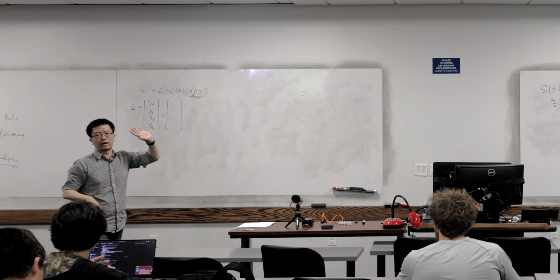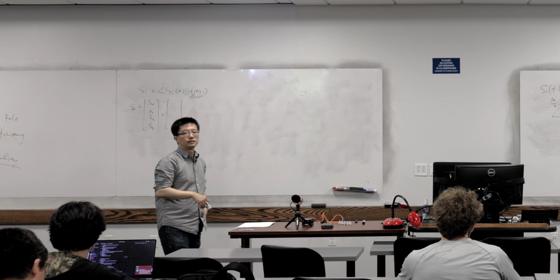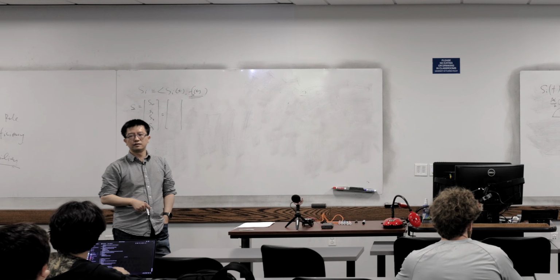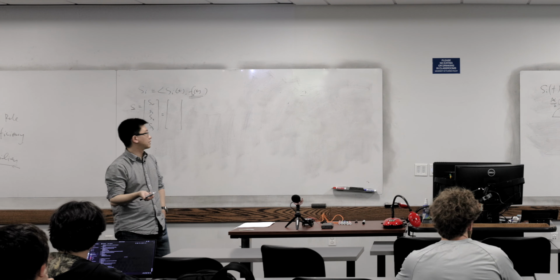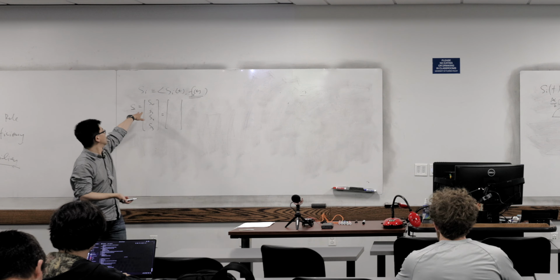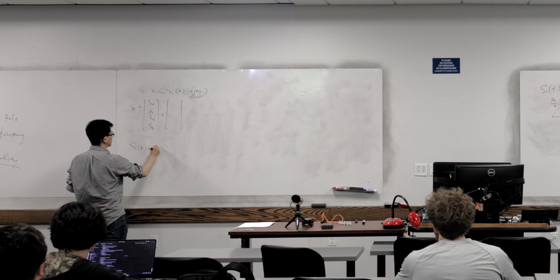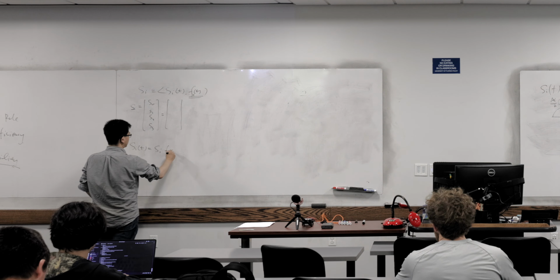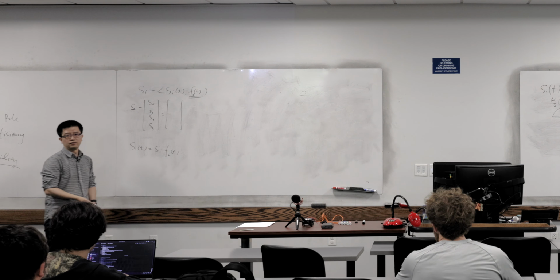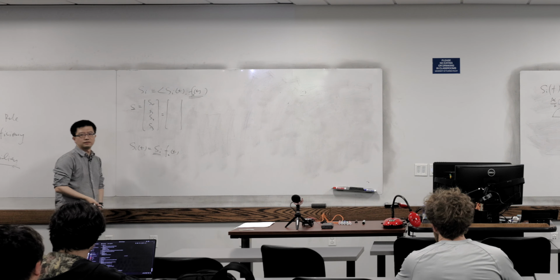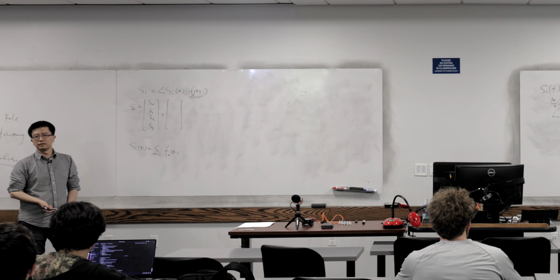Because now you know f_0(t). Our s_i(t) should be equal to s_i multiplied by f_0(t). I think it's pretty easy to figure out what this s_i is.